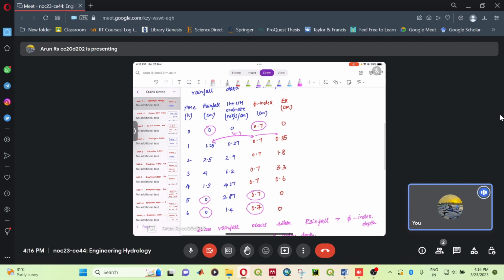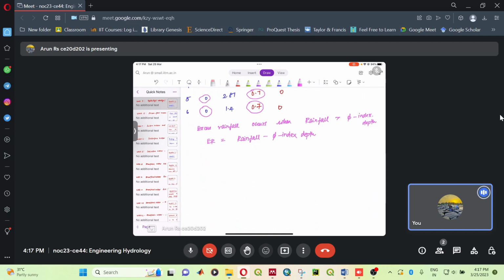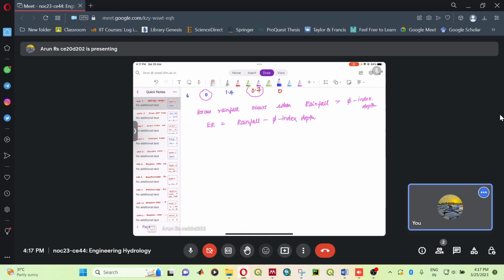So once you get the excess rainfall, we need to multiply it with the unit hydrograph coordinate. So let the excess rainfall be P1, P2, so on up to P7.